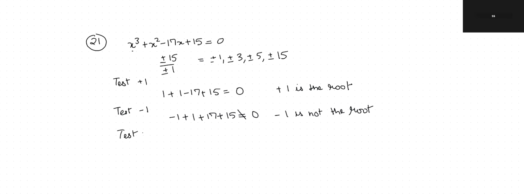Now let's test 3. Okay. So we put 3 in place of x. So this is 27 plus 9 minus 51 plus 15.